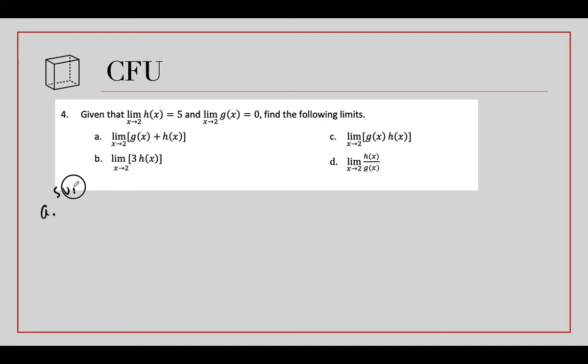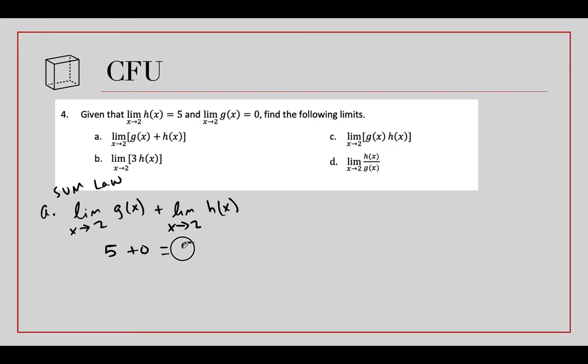So I'll help you out by writing what law I use for each one. So A is really the limit as x approaches 2 of g of x plus the limit as x approaches 2 of h of x. And great news, we know what both of those are, so that's 5 plus 0 because it's given in the problem, so that equals 5.